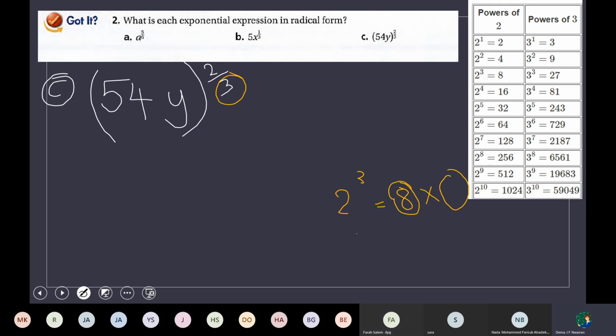But there's no number that I multiply by 8 to get 54. So I will not go with 2 to the power 3. Let's try 3 to the power 3. Why do I choose the 3? Because here the denominator is a 3. Who can tell me 3 raised to the power 3 equals what? 27. 27, thank you. Then I ask myself, can I make 27 into 54?